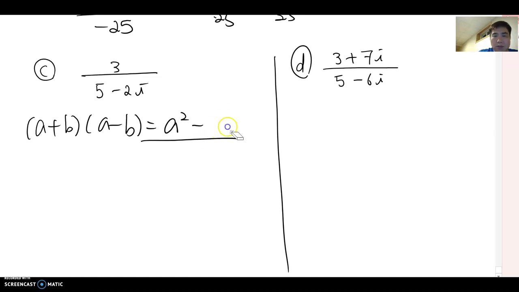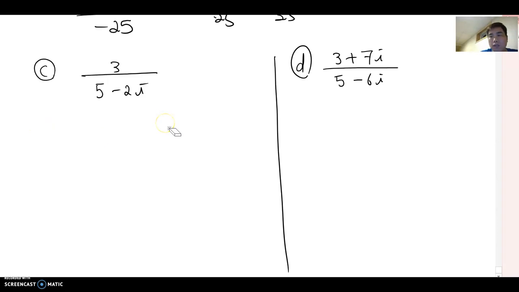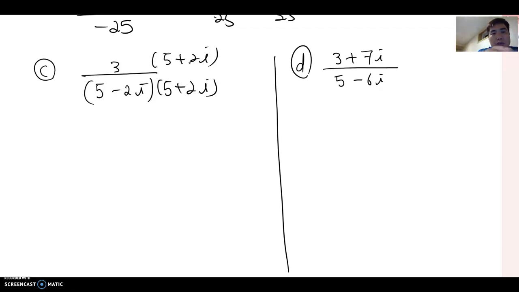Therefore we just multiply by the conjugate of the denominator expression, which is 5 plus 2i. When you do it, you must multiply both the numerator and the denominator. Otherwise, the expression will be ruined. Be careful.